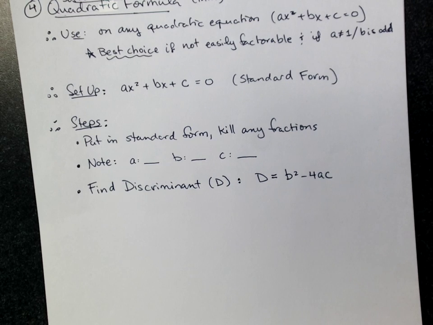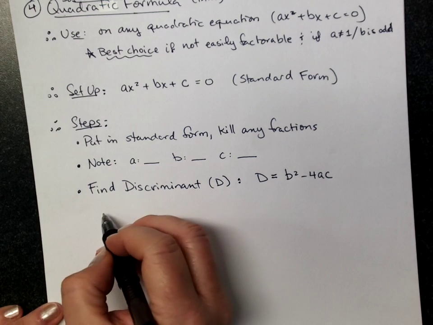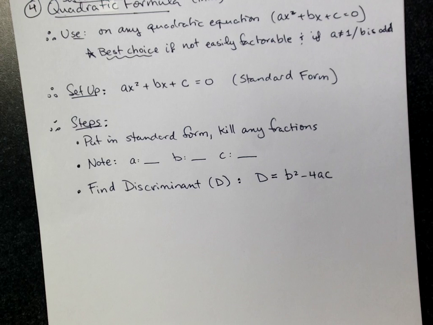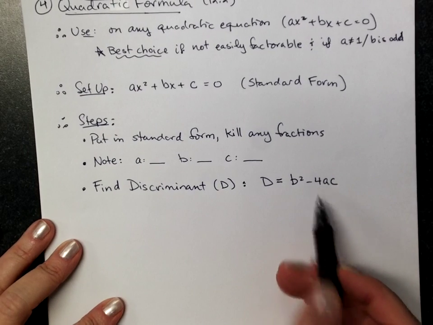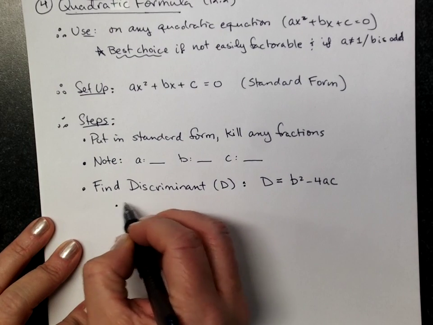Now, when you find that discriminant, you want to know what it means. In fact, that's going to be some of the homework questions. It's going to ask you about the nature of the solutions. The discriminant tells you whether you have 1 or 2 solutions, whether they're real, and if they're real, whether they're rational or irrational, or if they're non-real. That number is a single number, and these are the 4 things that could happen.